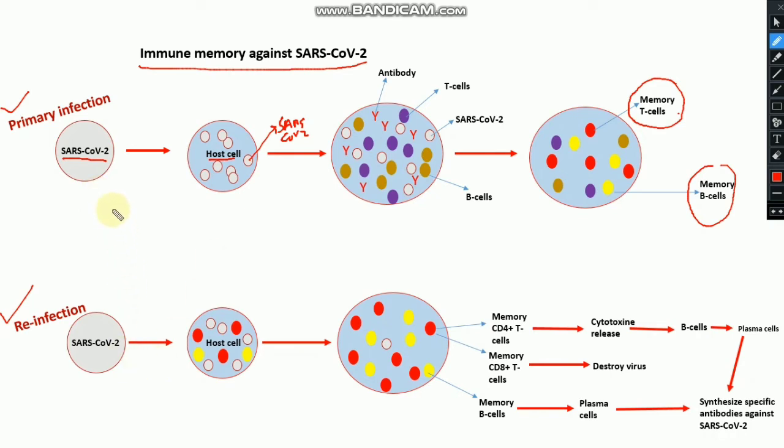So when a similar virus reinfects the second time, these memory B cells and memory T cells can recognize and detect this virus, and afterwards they multiply. When they multiply, their job gets started.